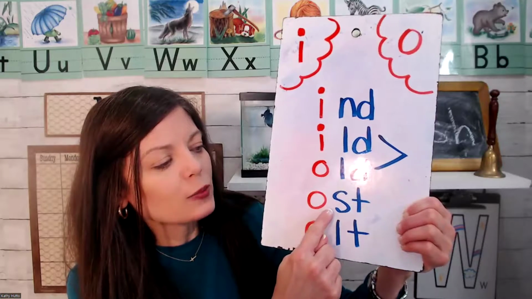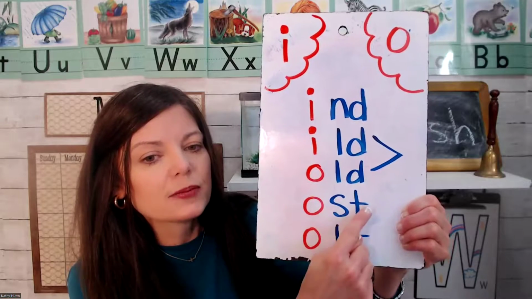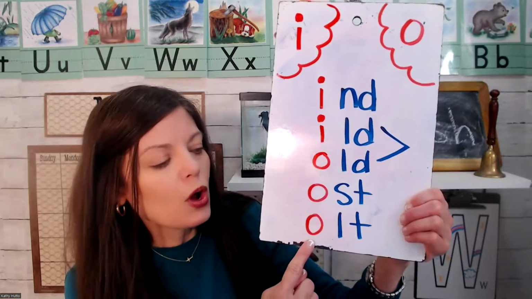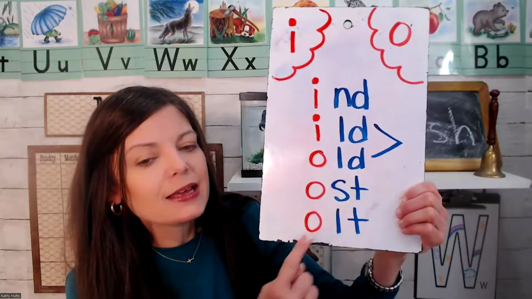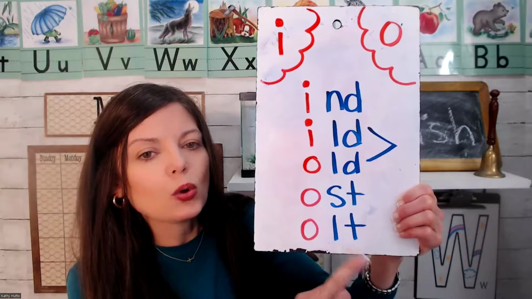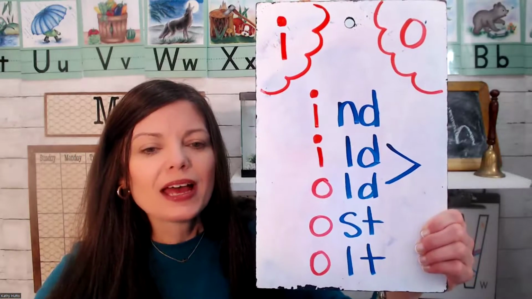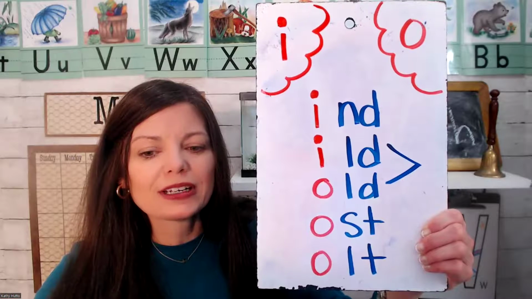Also, O followed by ST makes the long O sound, ost. And also, O with LT makes the long O sound, olt. So copy that down if you'd like to as an extra help as we read the words on our word list.